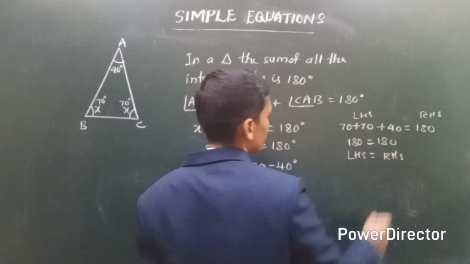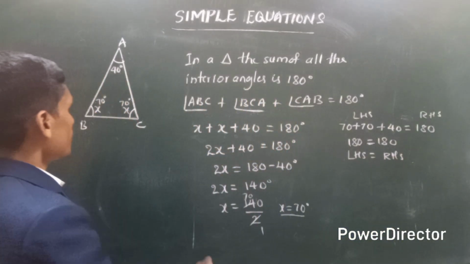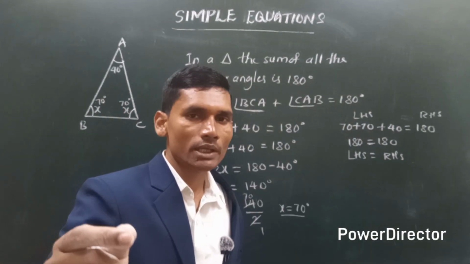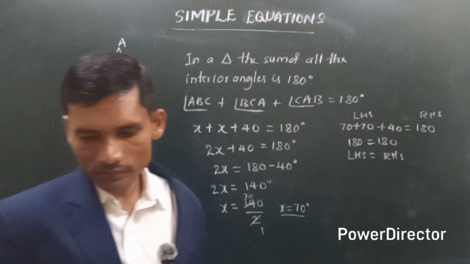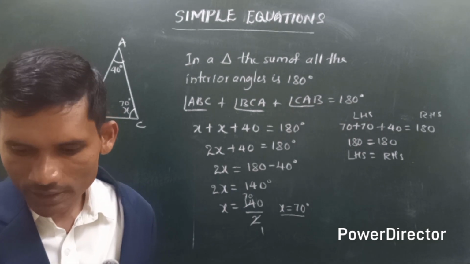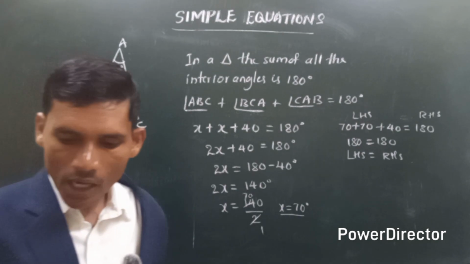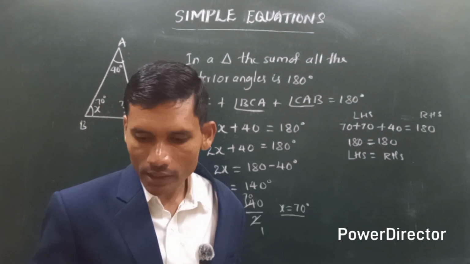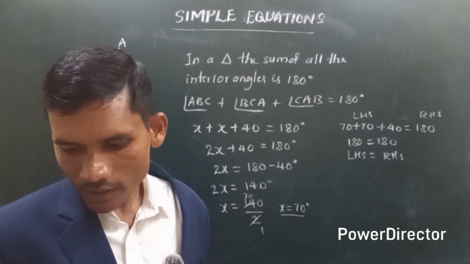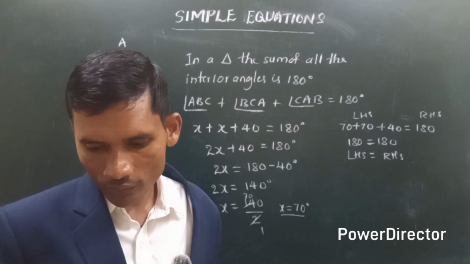So we have found the value of x, that is the base angle, each angle is 70 degrees. It is 100% correct. This is how we can go through other examples also. As much as possible you have to try on your own, then you will become a little more perfect in that.